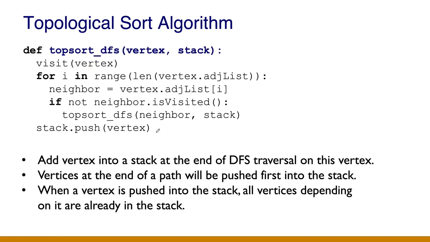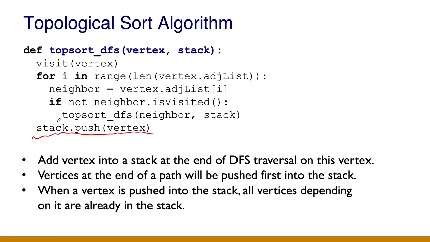And the lower level method is essentially the recursive version of the DFS. The only thing different is this particular line over here, right? So we will always push the vertex into the stack when we are done with the DFS exploration.